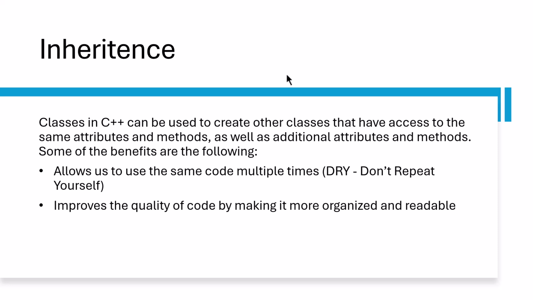Now, if you have paid enough attention since the beginning of the series, most of the things we're talking about have something in common. They almost always improve the quality of code by making it more organized and readable, if you will. The reason we always mention this is because the core of coding is solving problems. And as we all know, there are multiple ways to solve a problem.